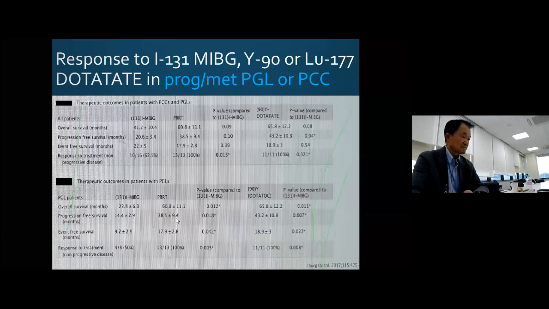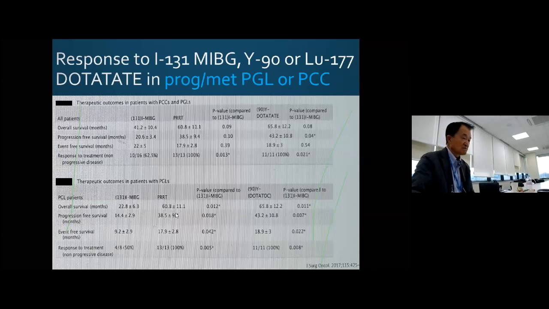But depending on the patient selection, this is limited to patients with somatostatin receptor 2 or 5. MIBG, as long as the tumor has chromaffin granules, will go there, so it will actually be a more universal agent, but depending on patient selection and the staging of disease, these numbers will be variable.